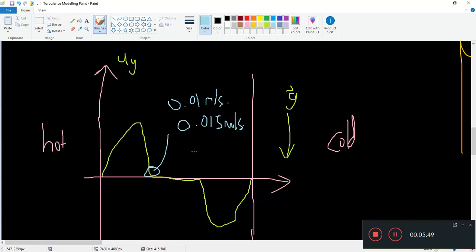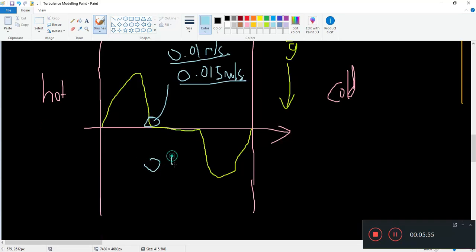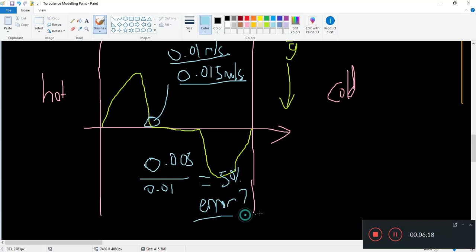If you say the error is 0.005, you subtract these two and divide by 0.01, and this amounts to a 50% error. Is this 50% error correct?